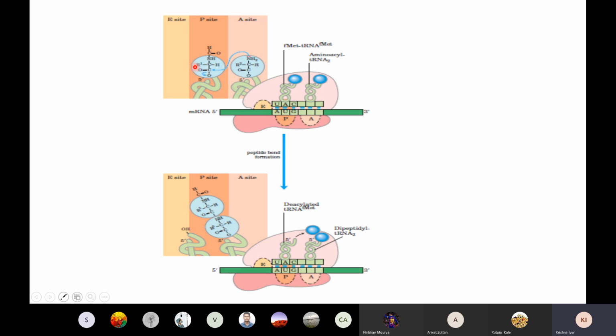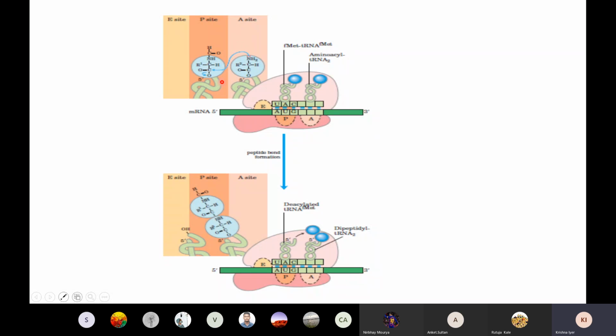Now, sitting right next to it is another tRNA which also carries an amino acid, and that amino acid is OCO, CH, then R2, whatever that R2 is, and NH2. Now, this amino group is actually free, it is nucleophilic, and the electrons attack this carbonyl carbon. When they attack the carbonyl carbon, I form a bond between NH and this carbonyl group, which is called a peptide bond or the amide bond.